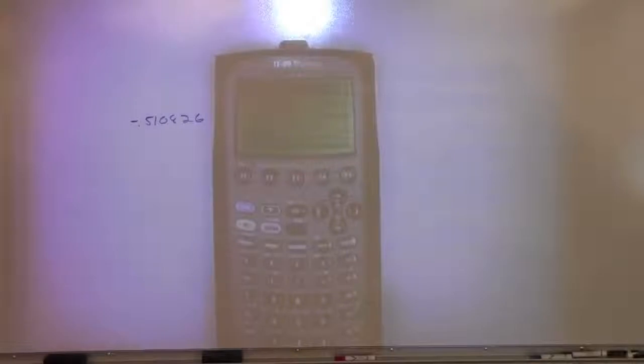We're going to go from 1 to 0.6, so we go 1 comma 0.6. And what do we get? Negative 0.5108. The same thing as if I hit second natural log of 0.6. These numbers are the same.